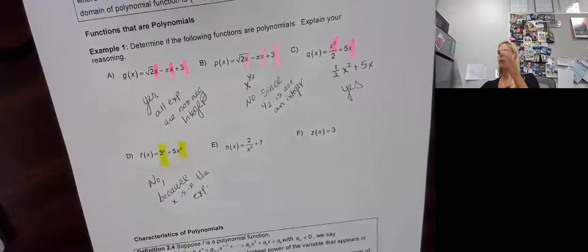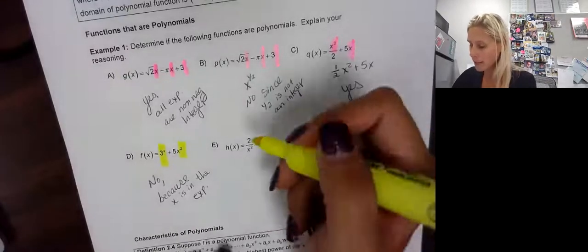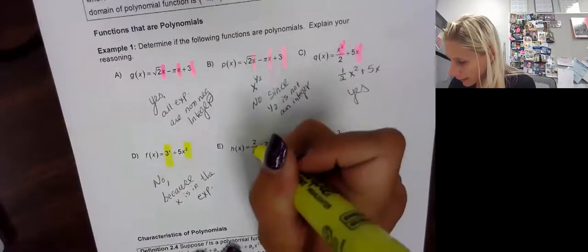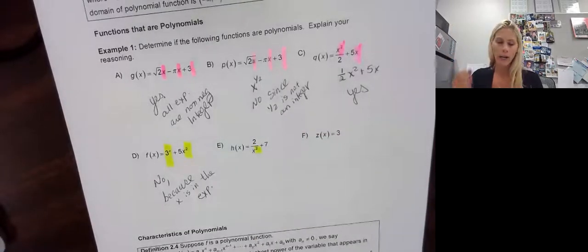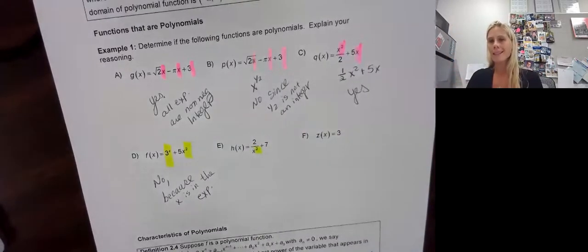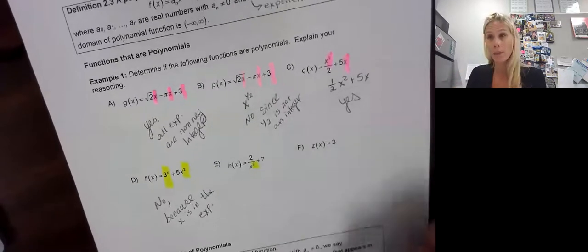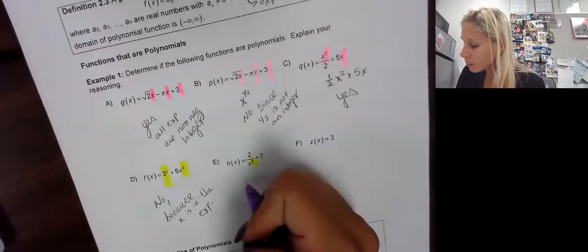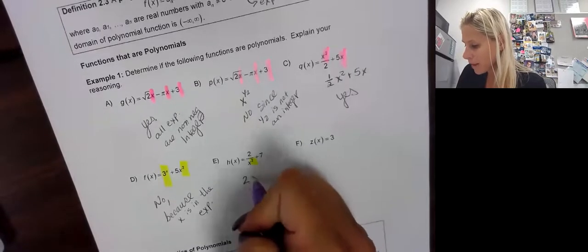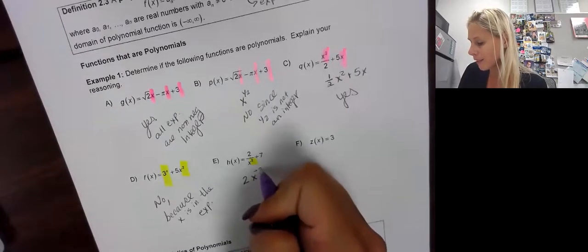All right. So now if we look at this, we have to be careful at this one, because right here we have x squared. But because that's in the denominator, we actually have to change the way it looks so there's no denominator. We don't want x's in the denominator, and this way I can prove it to you. Because when we have them in the denominator, it actually means a negative exponent.